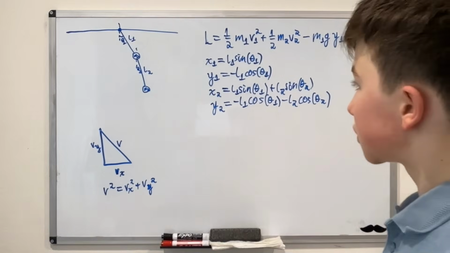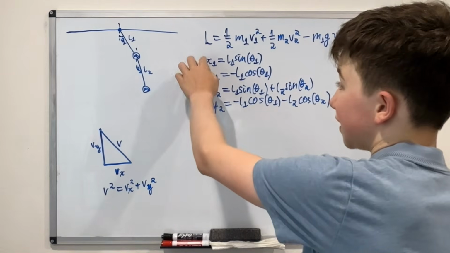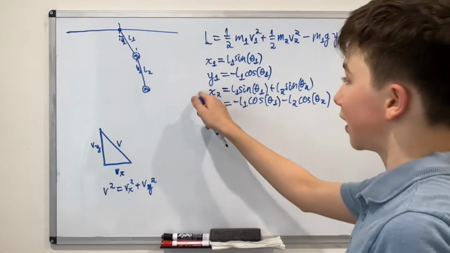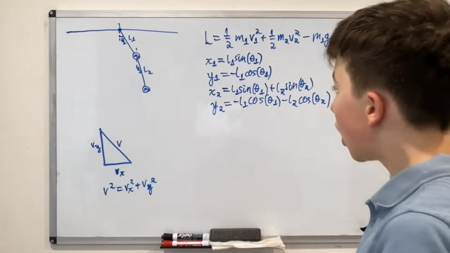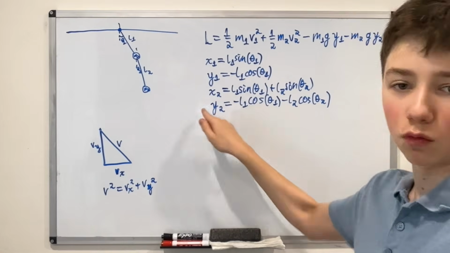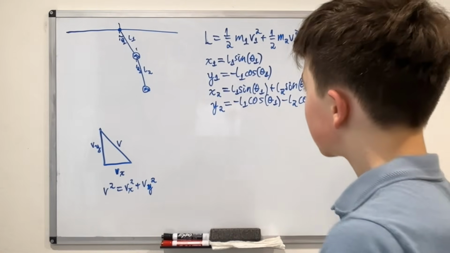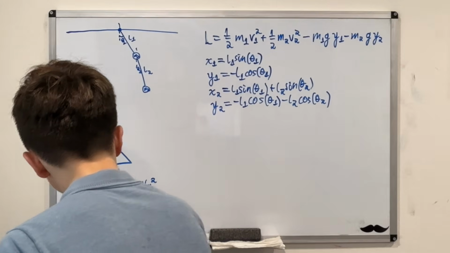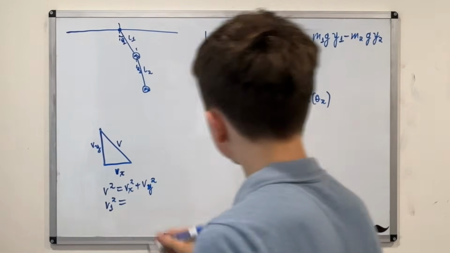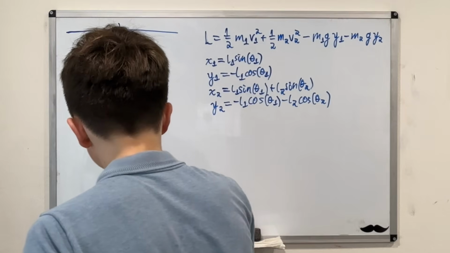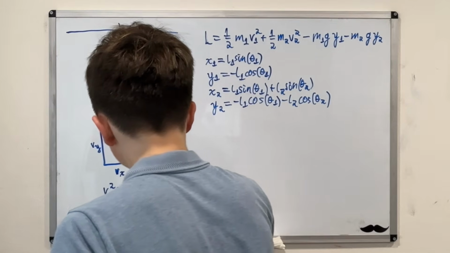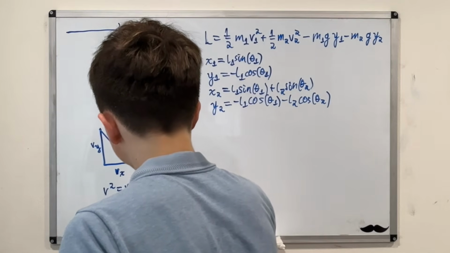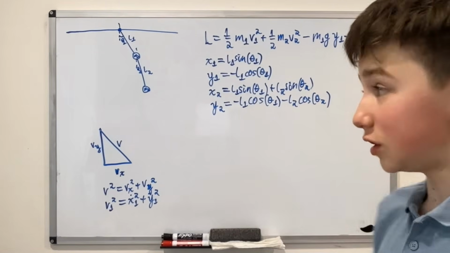So here, of course, the velocities in the x are going to be x1 dot and x2 dot, and the velocities in the y are going to be y1 dot and y2 dot. And so if we want to find v1, then we just plug into this equation. So we have v1 squared equals x1 dot squared plus y1 dot squared, and similarly for v2.